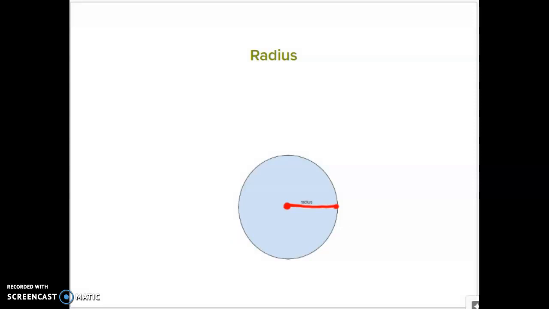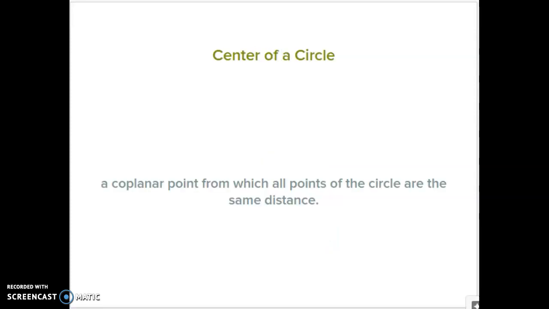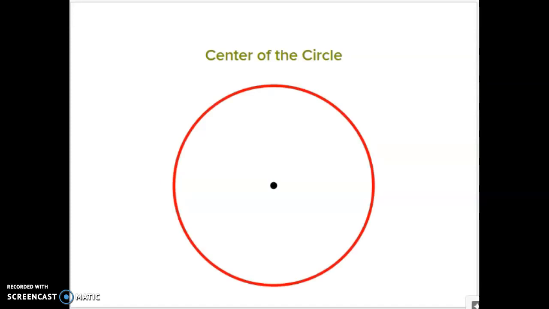It's commonly confused with the diameter, which goes through the center, and we will get to that in a minute. The center of a circle is a coplanar point from which all points of the circle are the same distance away. So center of the circle, boom, right there. If you want to draw a circle so you know what the center is, do it.